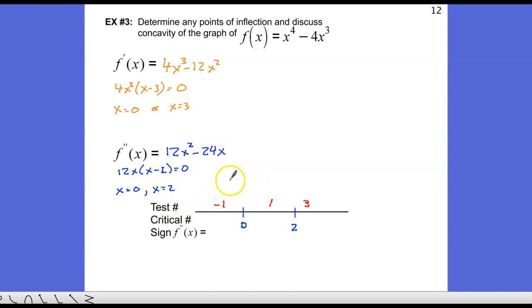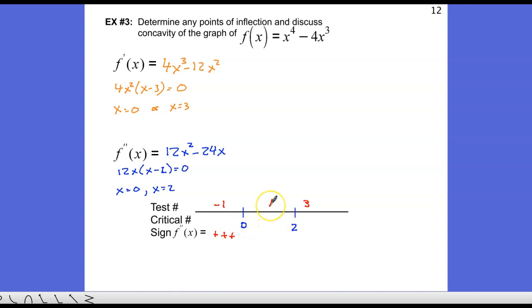And so if we do that, we're just looking for what's the sign of f double prime. So -1 squared is +1 times 12 is 12, and -1 times -24 is +24. So a positive number plus a positive number is a positive number. And so on this first interval, f double prime is positive. Now let's look at what happens on the second interval.